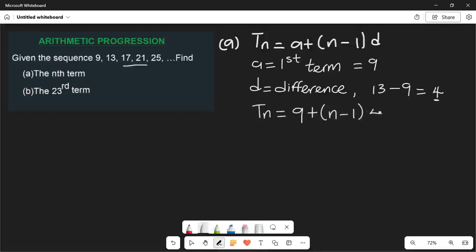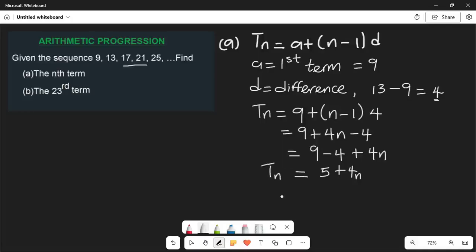So that is going to give us 9 plus 4n minus 4. So we are going to have 9 minus 4 plus 4n, and that is equal to 5 plus 4n. Okay, so this is the nth term in this particular question.